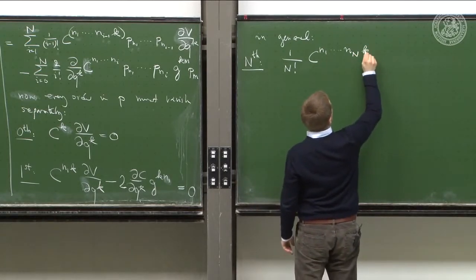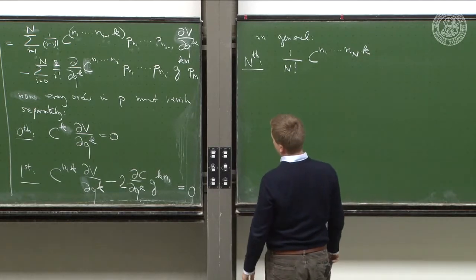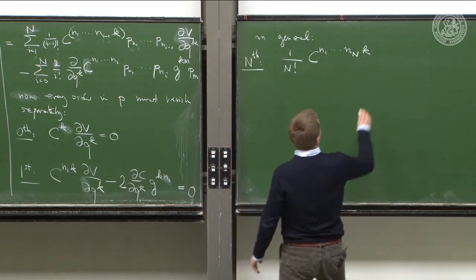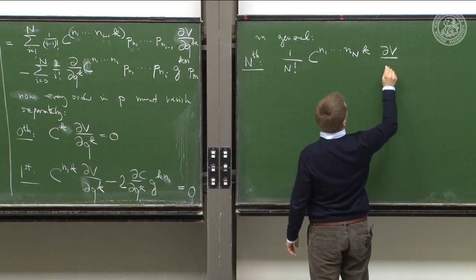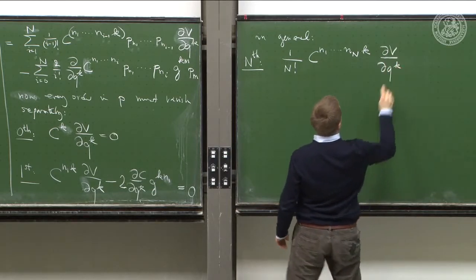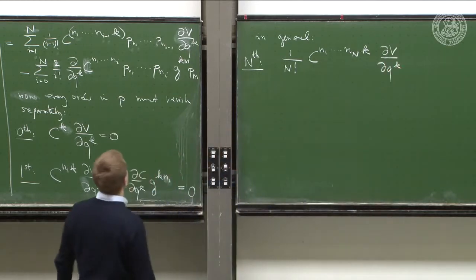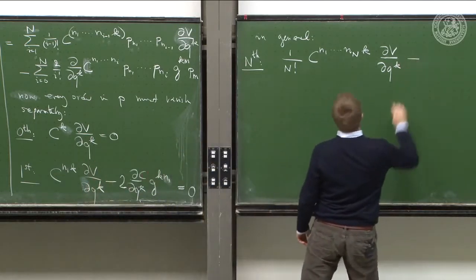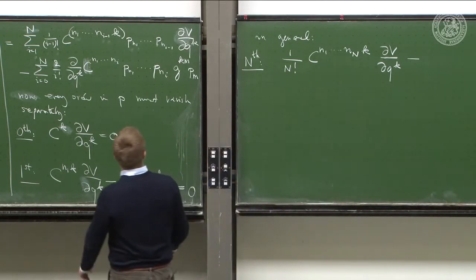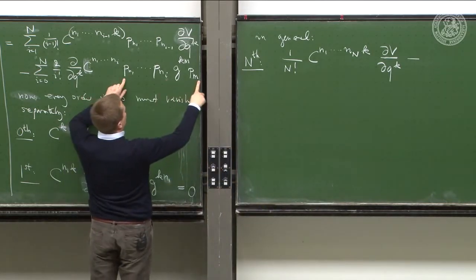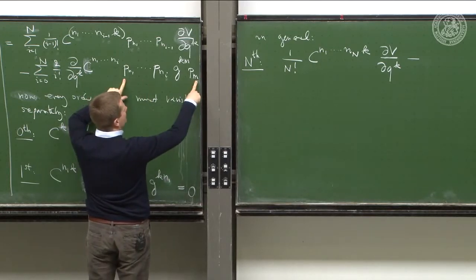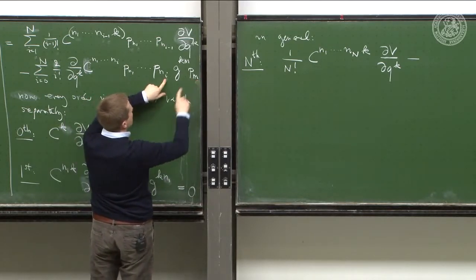Then there is another k. That's right. Then come all these p's. And then I have dv by dq_k. That's this guy. And from the second term, I want the guys with n p's. Now, there is an extra one here. So I have capital N p's if the i is n minus 1.